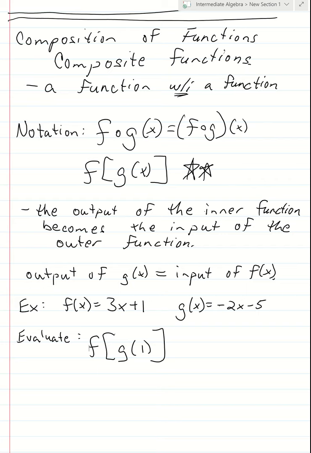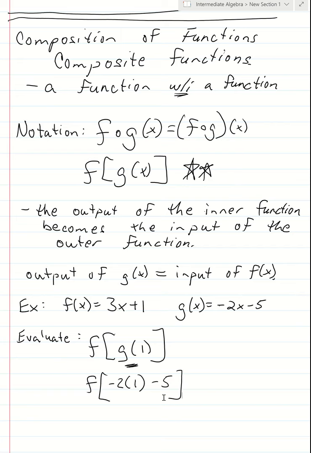So the first thing that we're going to have to do is evaluate the function g when the domain is 1. Don't even think about the function f right now. So let's take a look and evaluate the function g like we did up above. And according to the function g, I must take my input, multiply it by negative 2, and then subtract 5. So in this particular case, we would have to take negative 2 times the input, which is 1, and then I'm going to subtract 5.